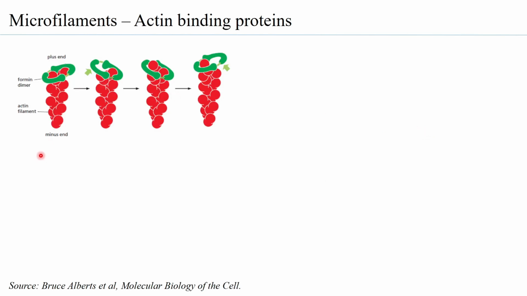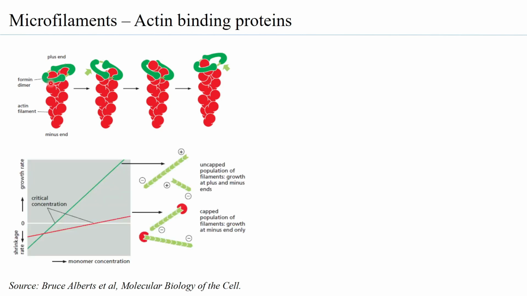Now, say for example, you have a formin dimer bound to the plus end. Then what happens is that due to the formin dimer being present, one finds that there is a capping happening at one of the ends, and the growth is happening only at the minus end. Earlier, what we observed is that you have growth happening only at the plus end.